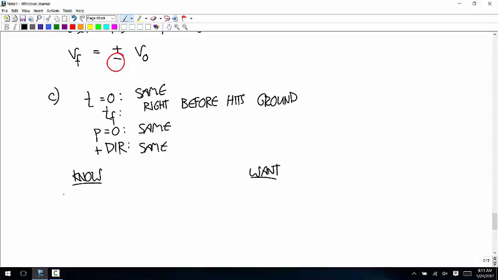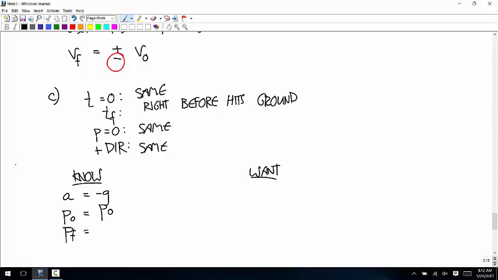We don't know time final. The acceleration is negative g. The position at time equals 0 is p0.